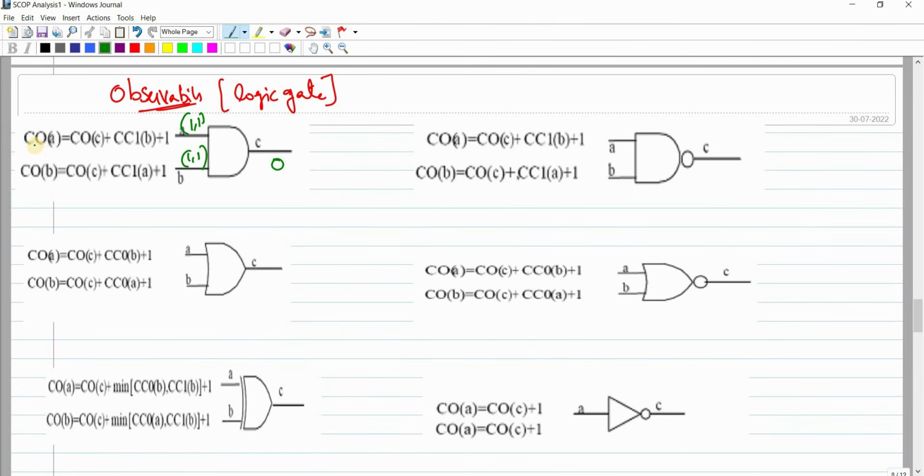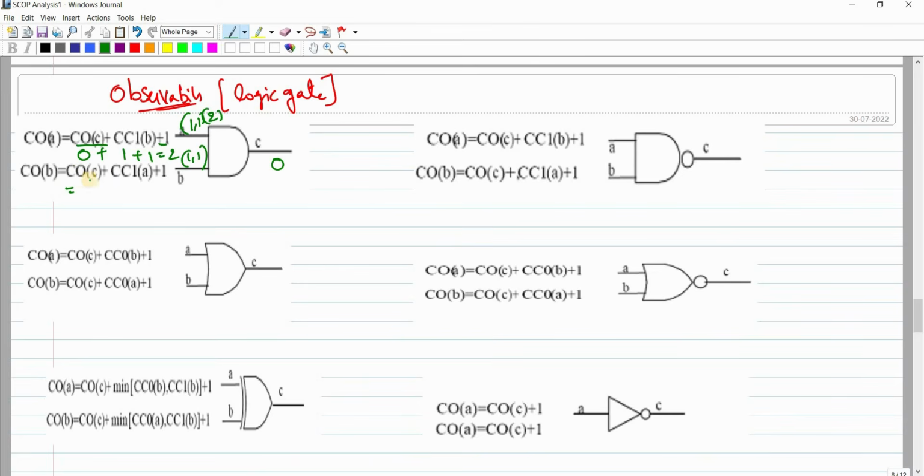Observability at node A: the combinational observability of A is the combinational observability of C, which by default is 0, plus CC1 of B, that means the other input value, so 1 only. 1 plus 1 is 2. Here we get an observability of 2.